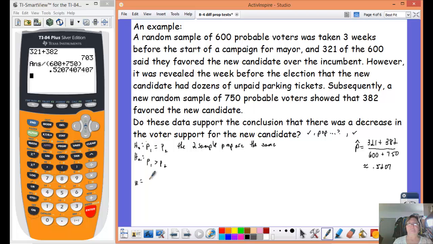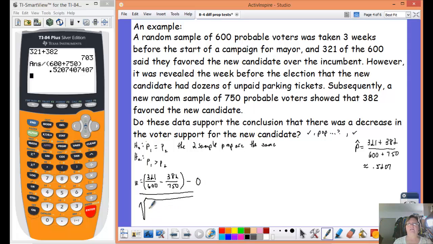Okay, p hat 1 was 321 out of 600. We want the difference between that and p hat 2, which was 382 over 750, all of that over the standard error. Oh, and remember, you could be thinking that's the statistic minus what we expect, which is 0. I usually don't write that.